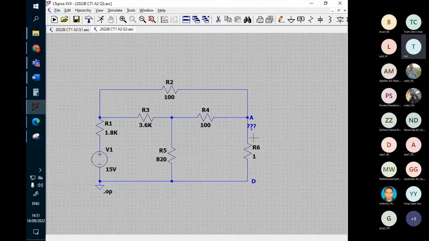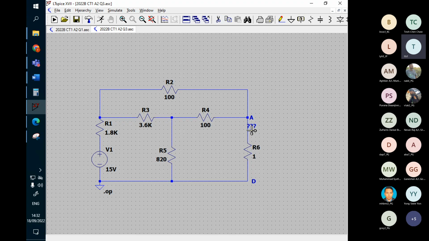This is R6. Let's find the current flowing through R6, because we are looking for the current, right? Or we can also find the voltage here, the voltage at point A.